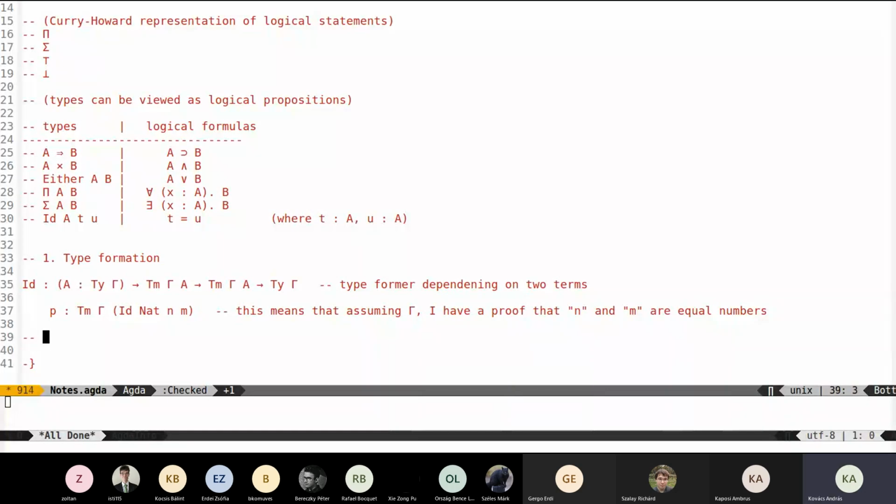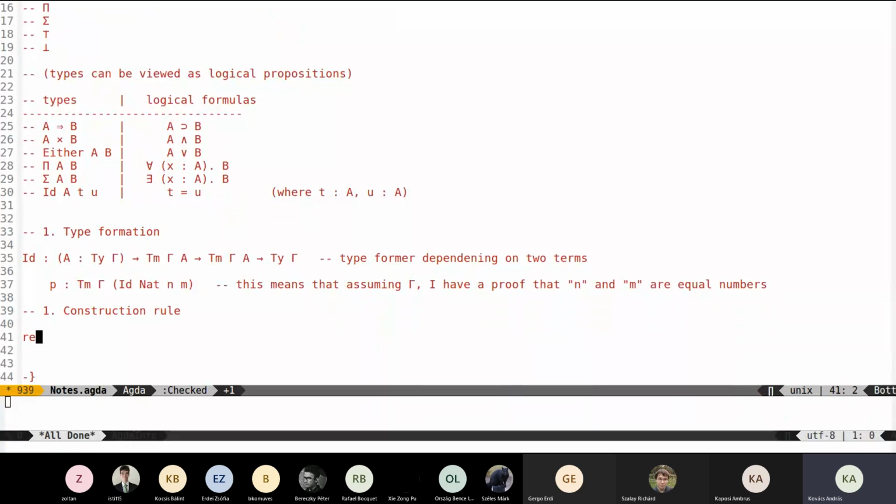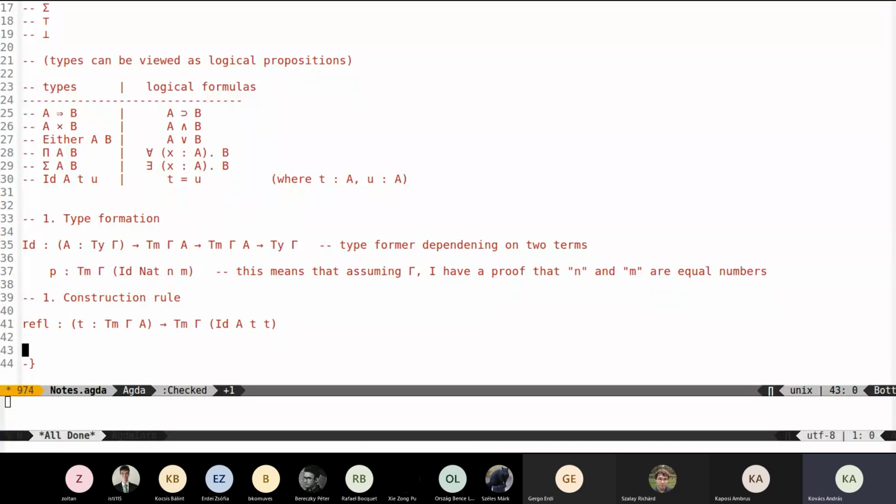So I have a type formation, and I have the introduction or construction rule. And the construction rule is called refl. And refl says that whenever I have a t of some type A, then I can actually prove the identity of t and t.